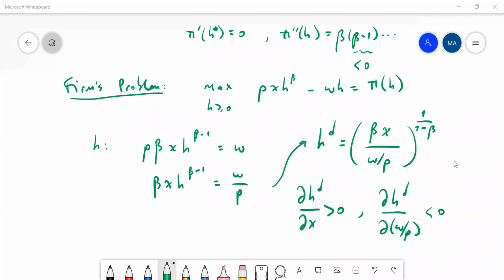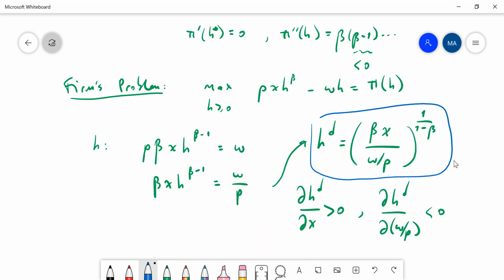So the firm found its optimal demand for labor as a function of productivity, X, and real wage. Of course, with this solution, we have the production.